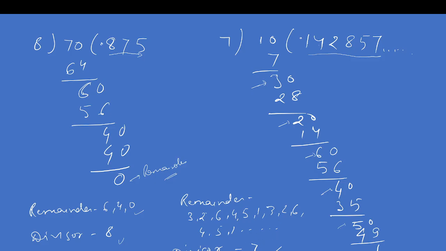You see, how many digits are there in the quotient? 1, 2, 3, 4, 5, 6. And what is the divisor? 7. So when the remainders are not repeating, it's 3, 2, 6, then the number of repeating digits in the quotient will be less than your divisor.